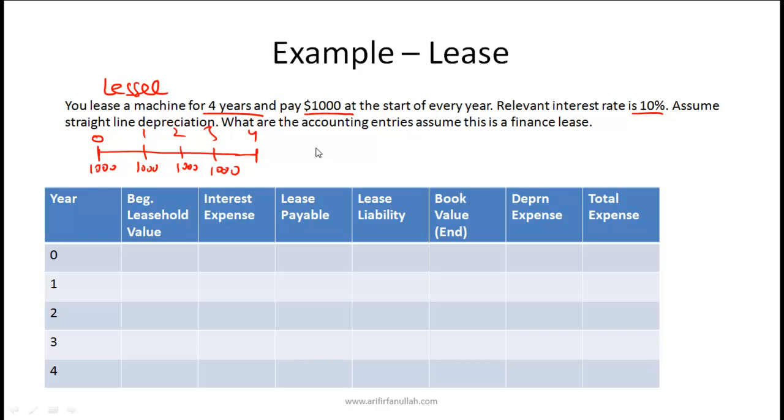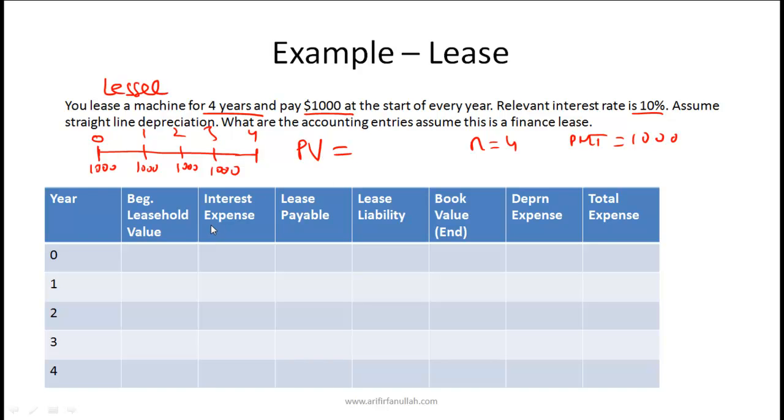So you need to calculate the present value. The present value you can calculate, so this is going back to your quant knowledge. You can put your calculator in begin mode, make n equal to 4, payment equal to 1000, your FV is 0, the interest rate is 10%, and you compute PV and you should get 3487 approximately.